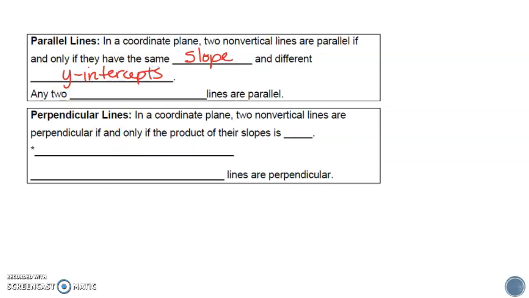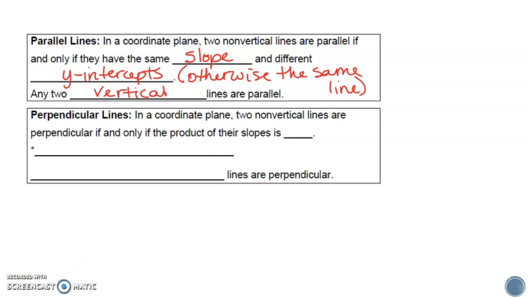And it's important to talk about same slope and different y-intercepts because if they have the same slope and the same y-intercepts, they would be the same line. The other thing that we need to discuss is that in the parallel lines portion above, we talked about 2 non-vertical lines. However, any 2 vertical lines are always parallel to each other.